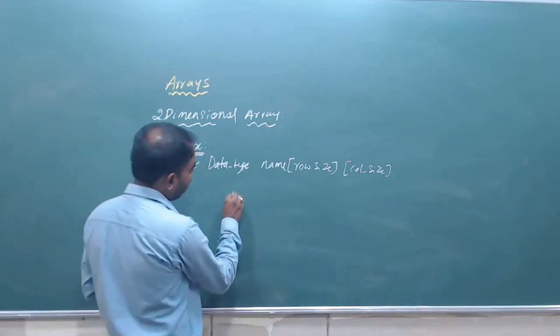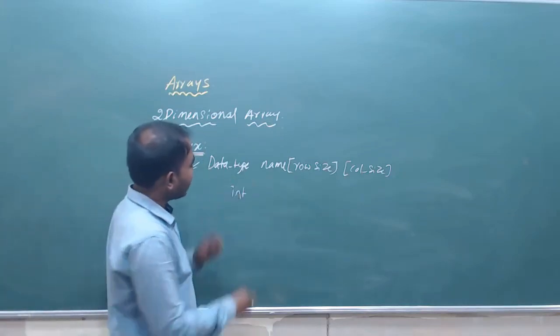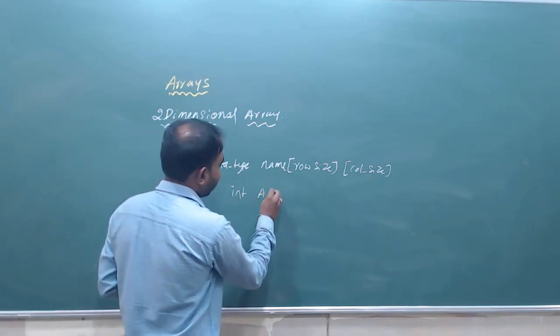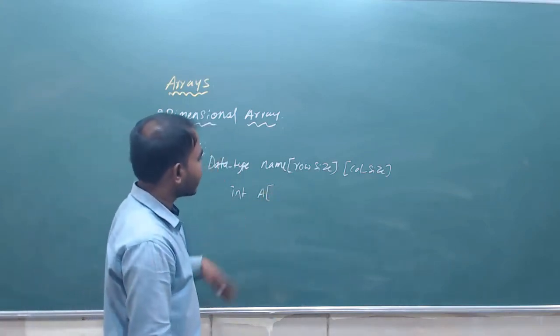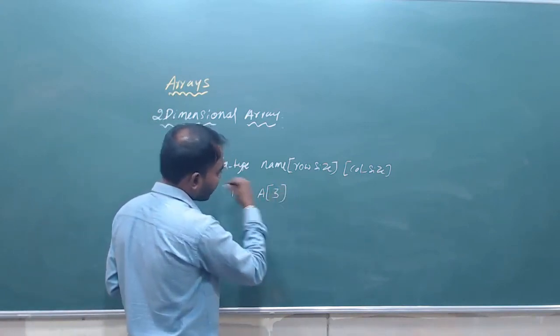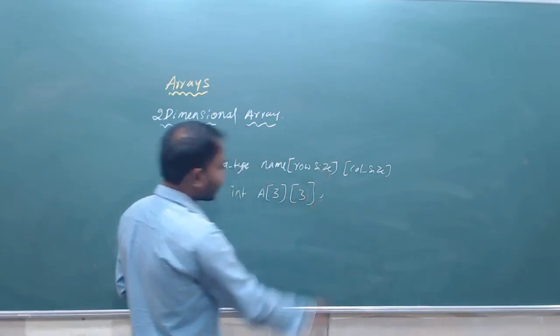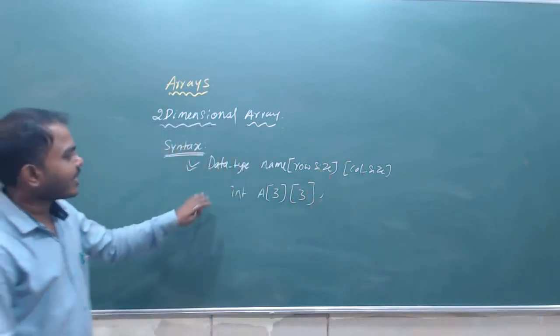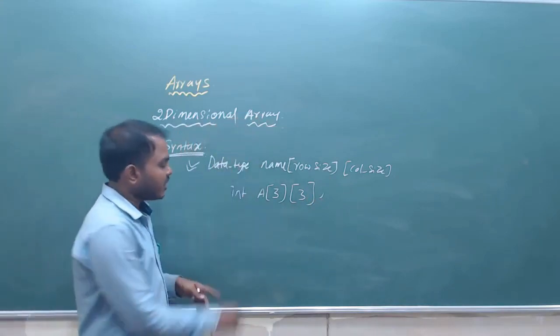So data type I will be using here as an integer, right? Next, the name of an array, and take A, you can take any alphabets, any characters you can take here. So row size I will take it as a 3. So column size will be 3, right? So this is the syntax of a two-dimensional array.